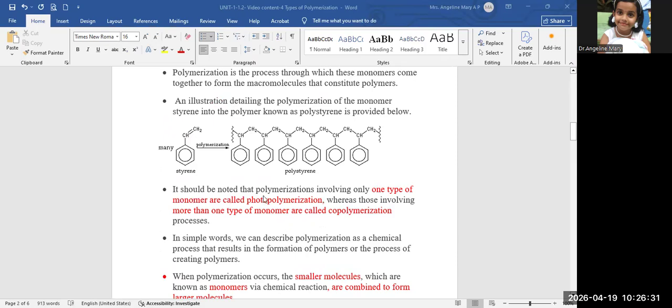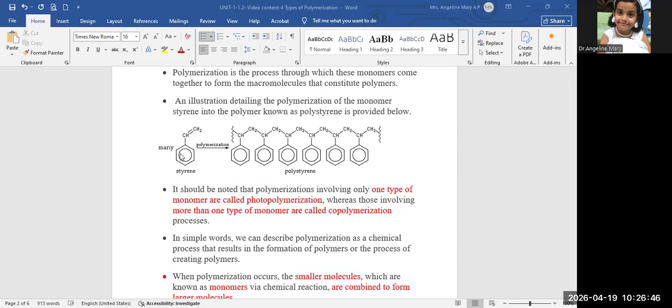It should be noted that polymerization involving only one type of monomer is called homopolymerization, whereas those involving more than one type of monomer are called copolymerization.